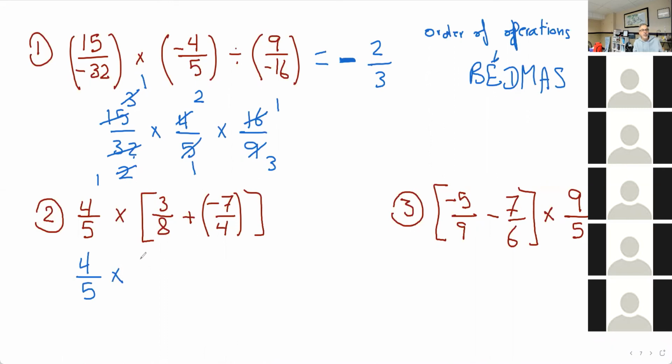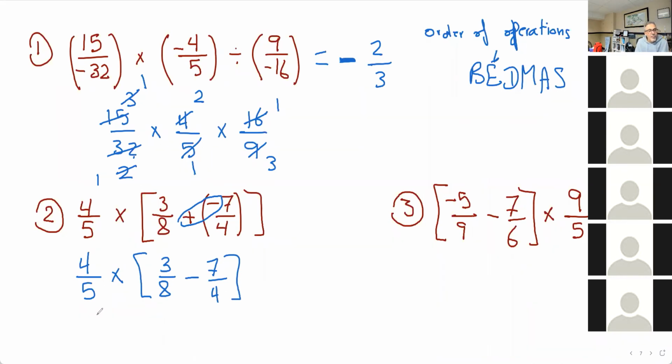Now here, this has to change into 3 over 8. These two signs besides one another, they give me minus 7 over 4. So that's what we should do first.